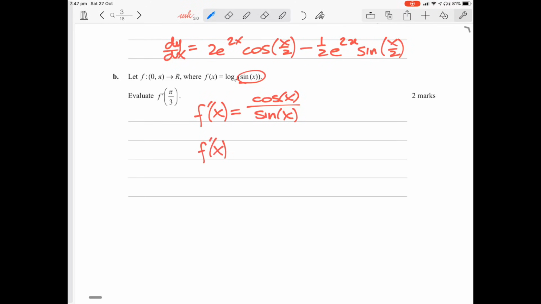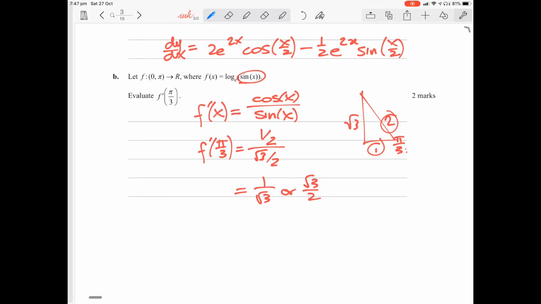So f dash of x, f dash of pi on 3 is equal to cos of pi on 3, which is a half, over sine of pi on 3, which is root 3 on 2, so it's 1 on root 3, or root 3 on 3.